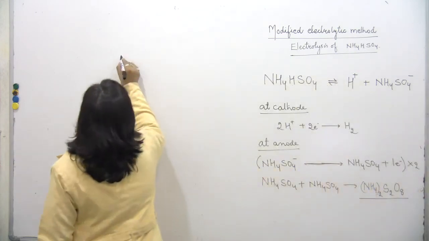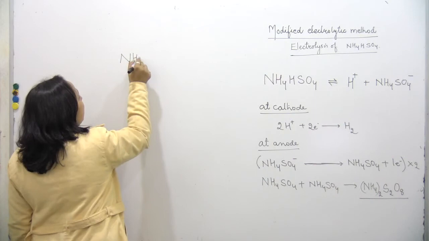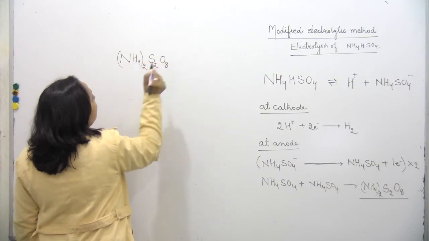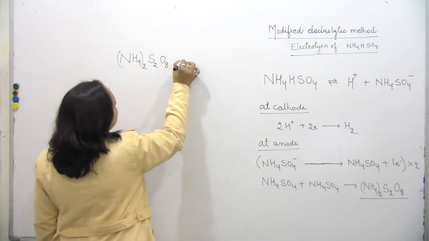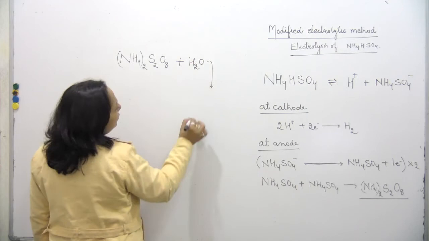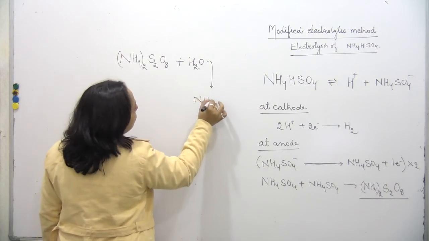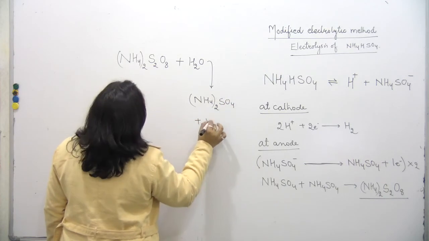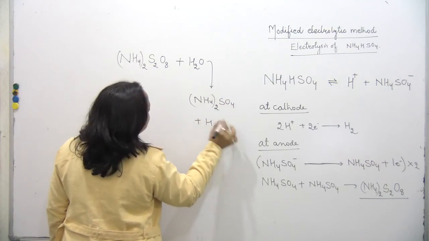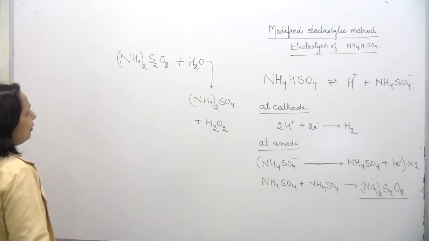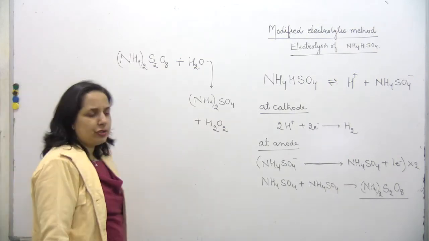This chemical, (NH4)2S2O8, having a peroxo linkage, is now diluted with water. When we mix it with water, we get ammonium sulfate plus hydrogen peroxide.